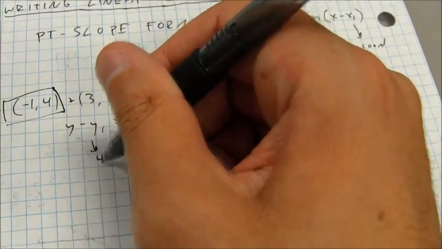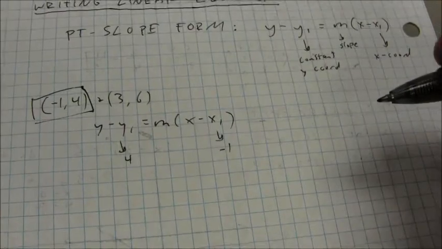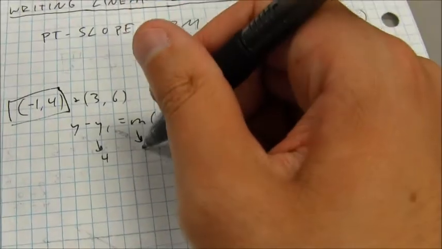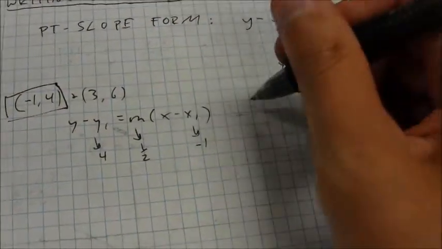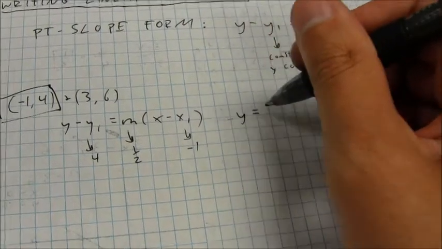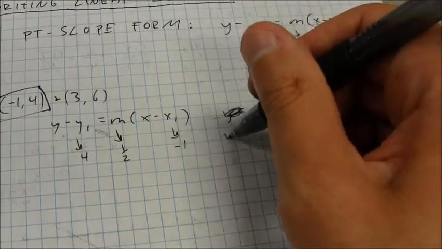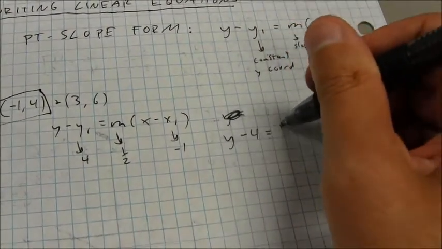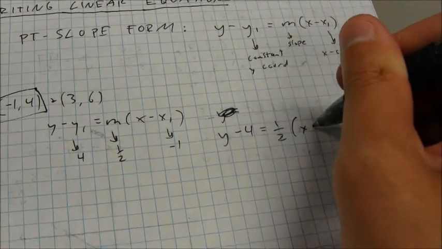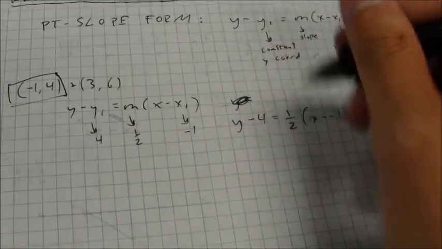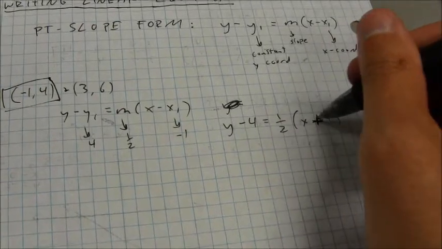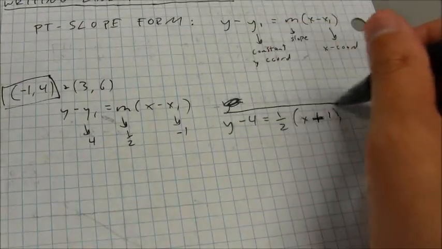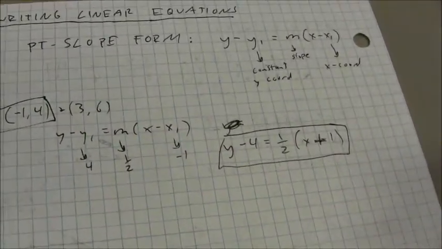It's going to be a y value of 4, and I just need to find the slope. If you remember before, we already found that slope to be 1/2, and so the equation is going to be y minus 4 equals 1/2 times x minus -1, and of course we know minus a -1 really becomes plus a +1, and so your equation looks like that.